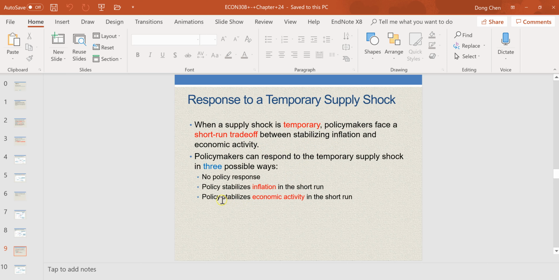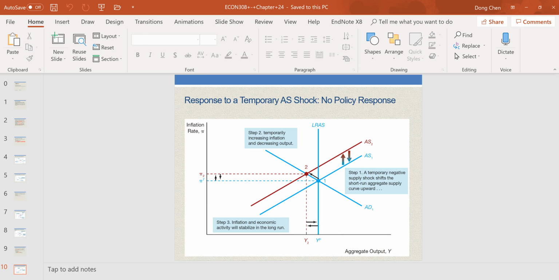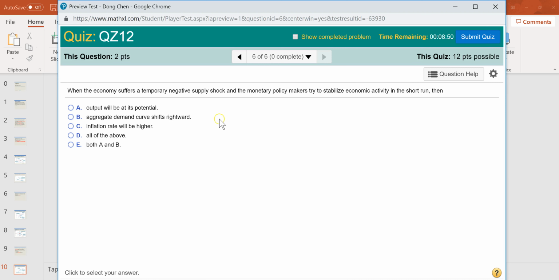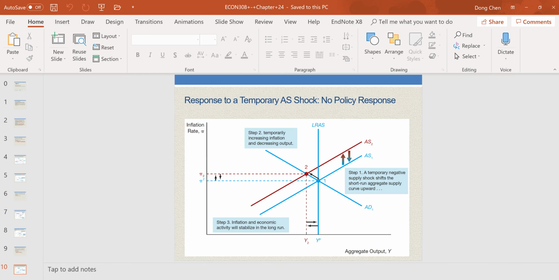And the third way is it can stabilize economic activity, but not inflation in the short run. The question here is talking about trying to stabilize economic activity, so we know this will not stabilize inflation, and it's a temporary negative supply shock. I believe that's exactly the case we talk about here.